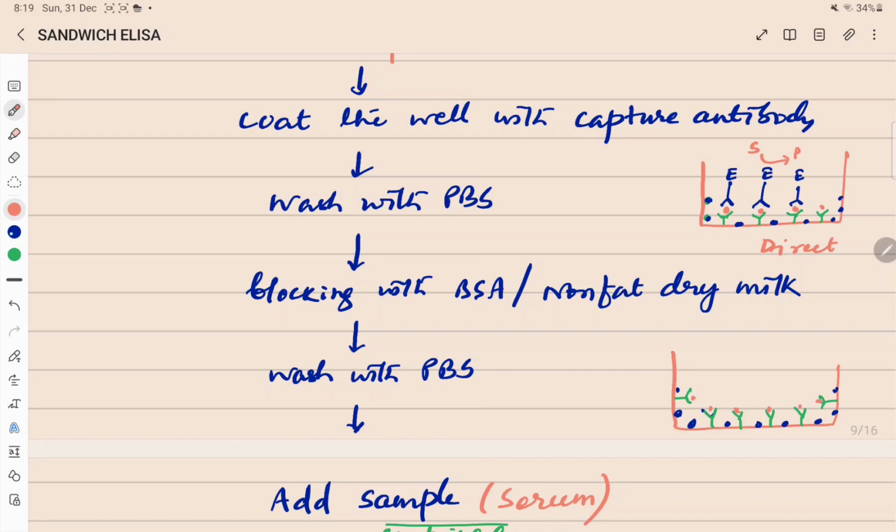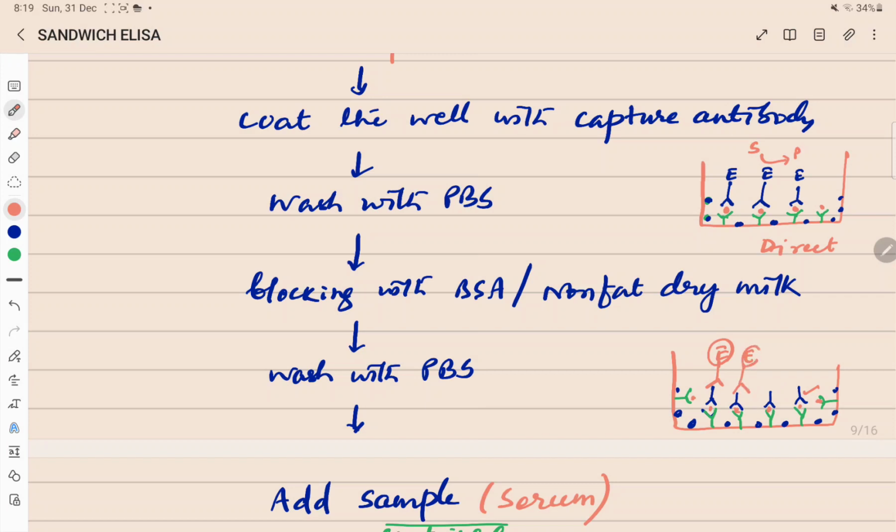Now to this, we add the antibody which is not conjugated. This is one step. Then we have to add a secondary antibody which has affinity with the primary antibody. These are the primary antibodies. Then we add the secondary antibody conjugated with the enzyme.